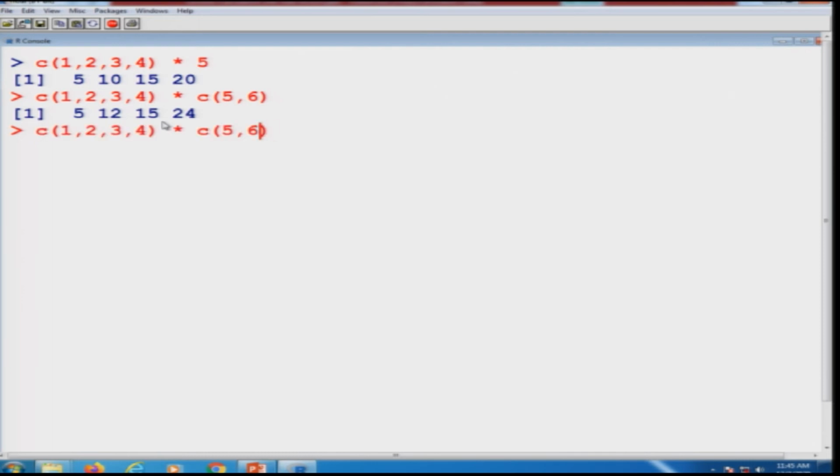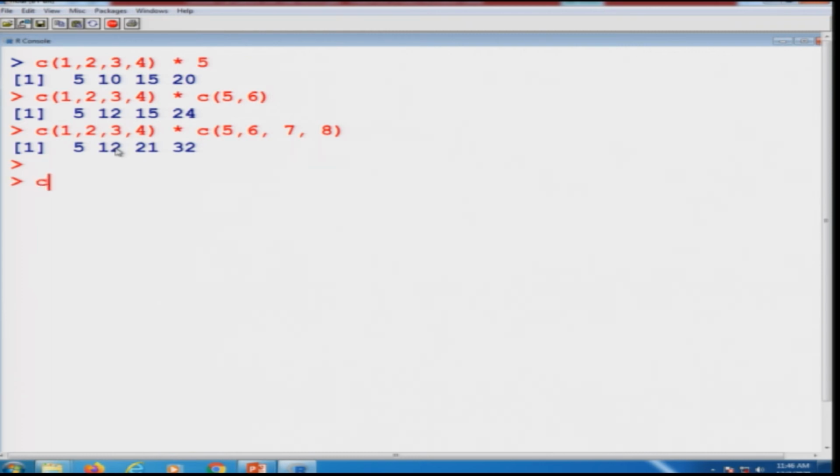And similarly, if you take 4 numbers in the second data vector, suppose I take 5, 6, 7, 8, 4 elements, and 4 elements in the first data vector 1, 2, 3, 4, then you can see that this multiplication is happening element-wise, right. You can see this 5, 6, 7, 8 have been multiplied at the respective positions in the first data vector. So, there is no issue.